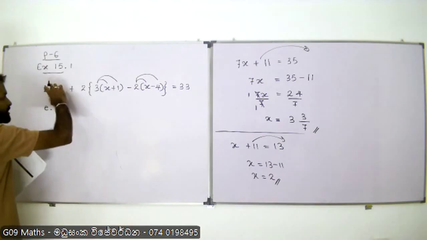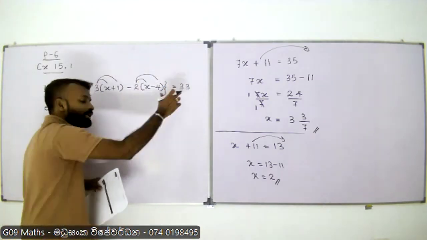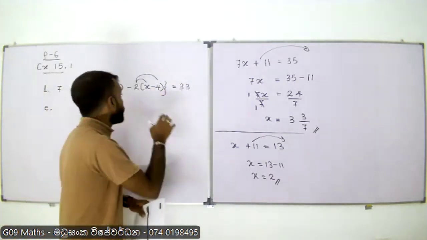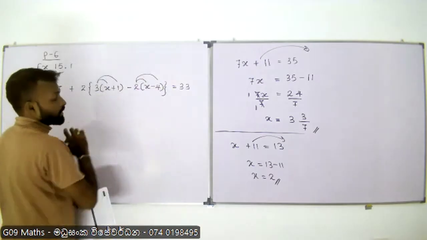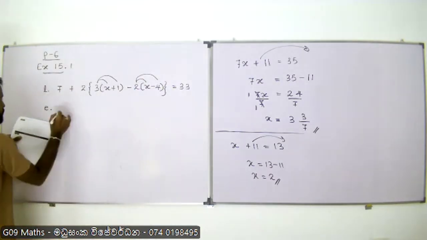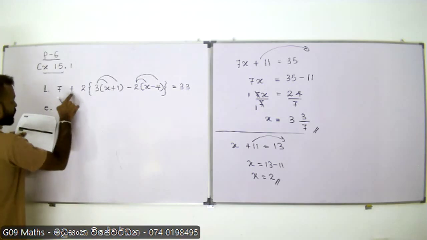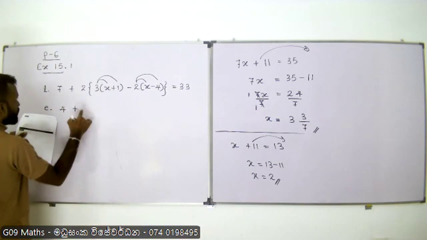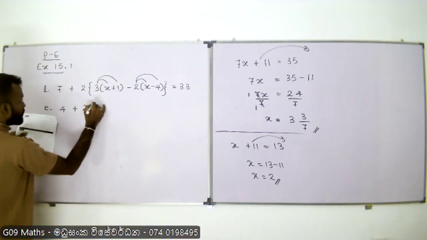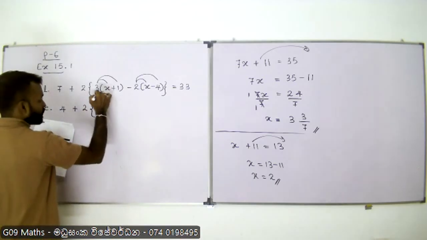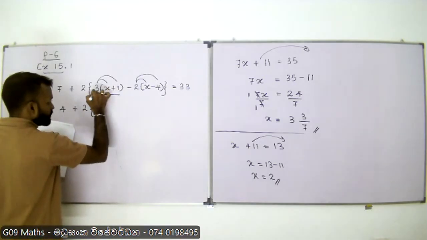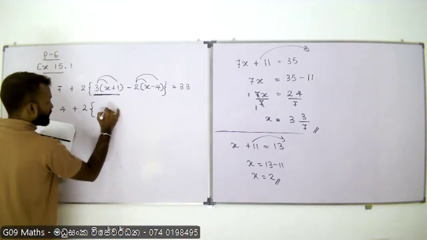Part E is very similar to this, but easier than this because you are having only one parenthesis inside the curly bracket. So it is something like this. Instead of 7, I have 4. Plus is plus. 2 is 2. Open curly bracket. Instead of this, you only have x.